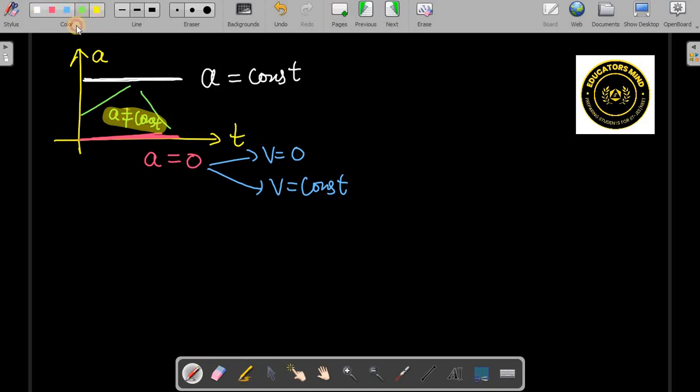Any other inclined line, of course curve will be anyway non-uniform acceleration, but if the acceleration graph is an inclined straight line, that also is a non-uniformly accelerated motion. But acceleration is changing at a constant rate, so you can see that jerk will be constant for this. And if it is other than a straight line, then it will be a variable jerk. So on the graphs we can represent motions like this.